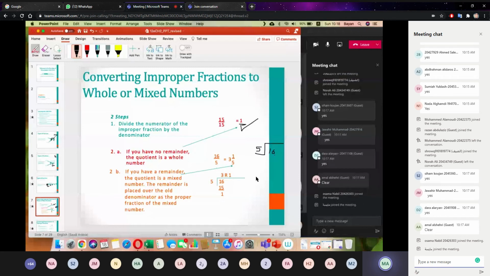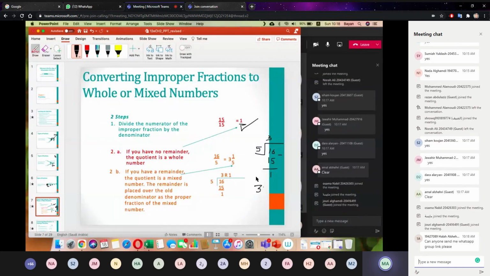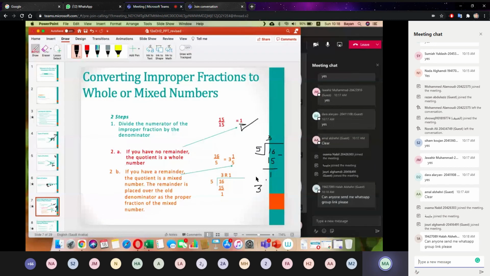But we know if you multiply 3 by 5 will give you 15. So we subtract here. 16 minus 15 will give you 1. So here we have our answer will be 3 with 1/5.